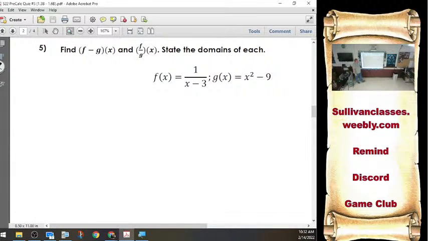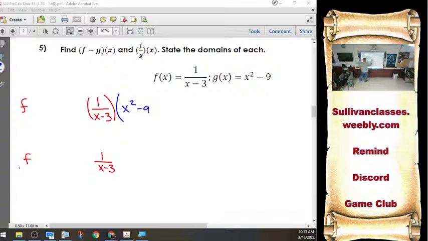Then, function stuff. F minus g and f divided by g. If I take f, which is 1 over x minus 3, and g, which is x squared minus 9, f minus g.